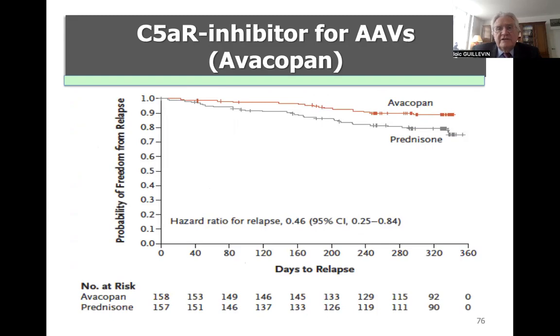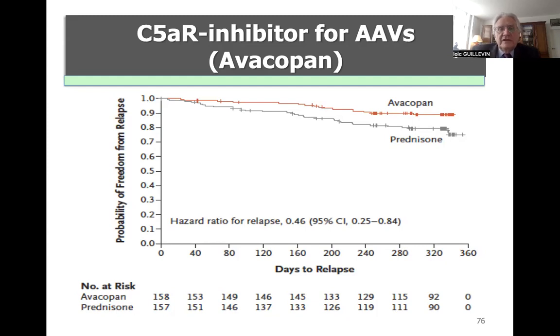When you look at the results, there is a slight difference between the prednisone and avacopan group. And it means that avacopan is slightly superior, but it was slightly superior only at 12 months and not at 6 months. And we need, I think, more studies to know if we should replace, for induction of treatment, steroids by avacopan.